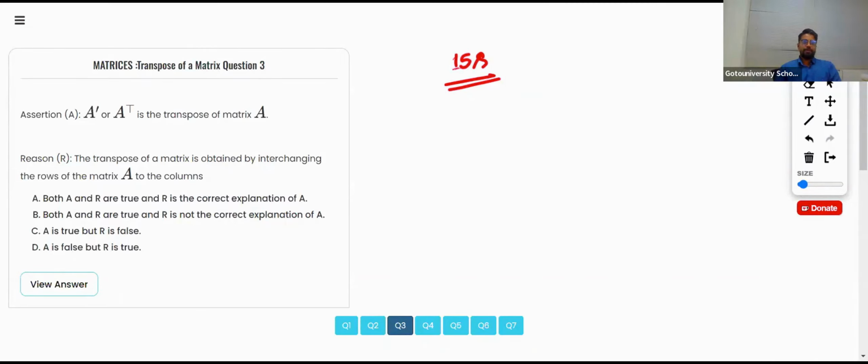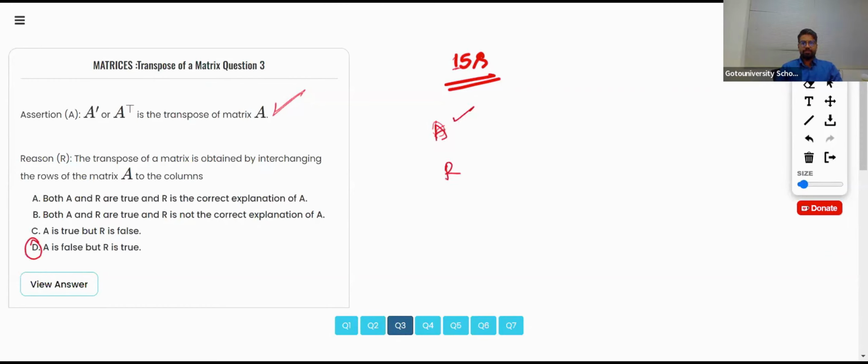So the assertion is, let me read now, A dash or A transpose is the transpose of a matrix A. Is it true? That's a symbol we use to show the transpose. That means yes, the assertion is true. As the assertion is true, option D can be eliminated again.